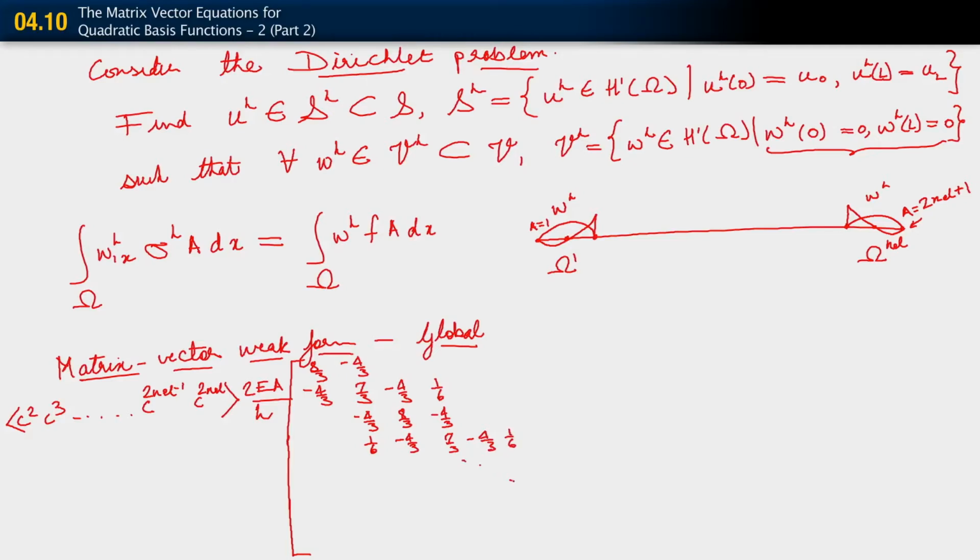Right, and so on, except that when we come all the way down here, for the last element we get 7 over 3, minus 4 over 3, 1 over 6, and here we get minus 4 over 3, 8 over 3, and... sorry, not 1 over 6, it's minus 4 over 3.